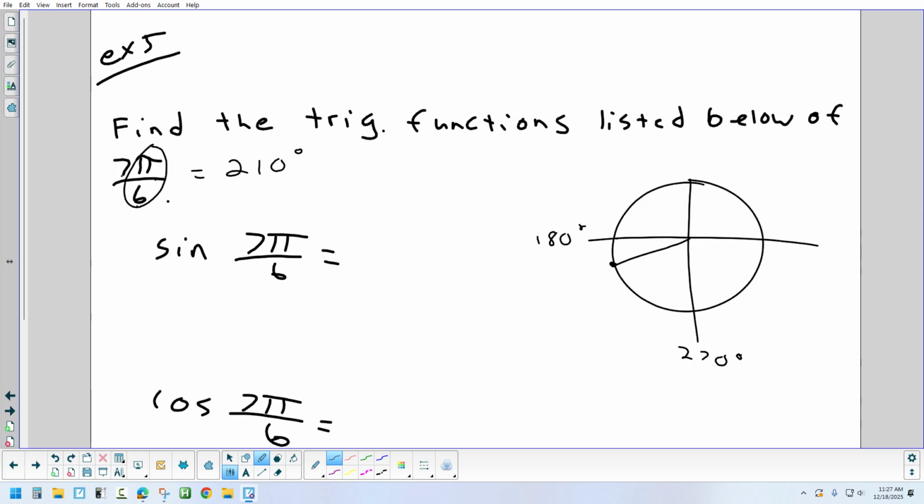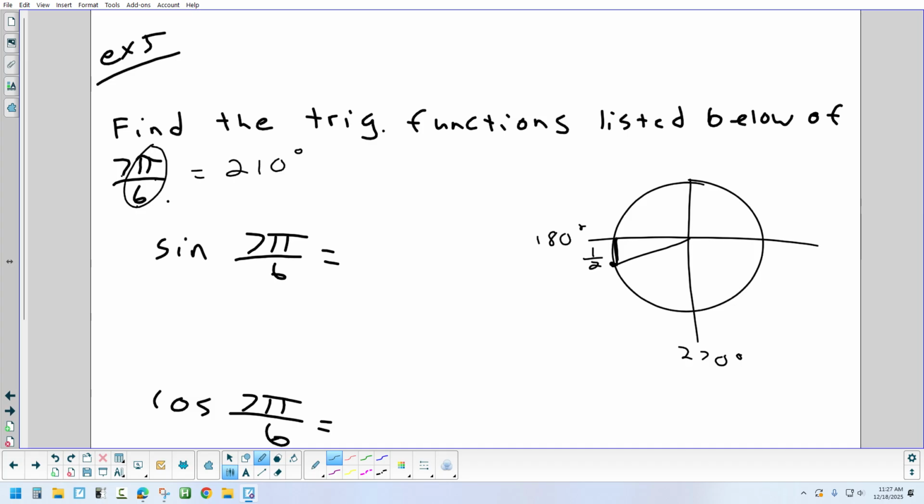So make your triangle. Where's the short side? What direction does the short side go in on that triangle? Down. So vertical or horizontal? Vertically. Yeah, it's vertical, but yeah, it does go down.